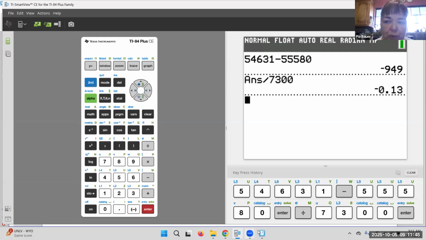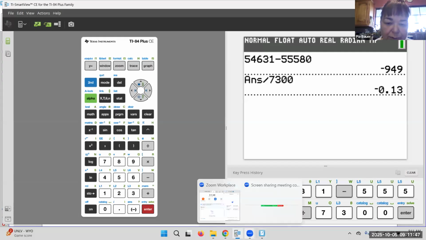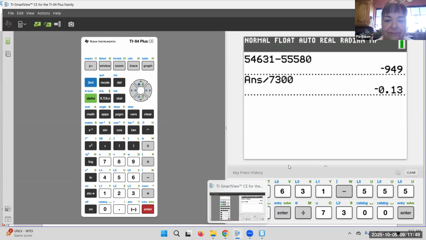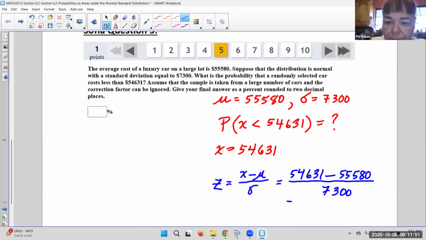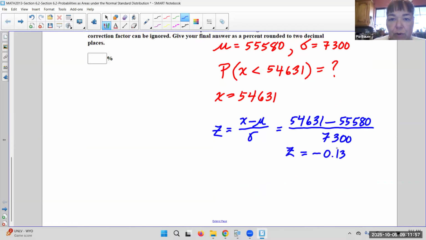So the z-score is a negative 0.13. So what this means is that we want to find the probability that the z-score is less than negative 0.13.